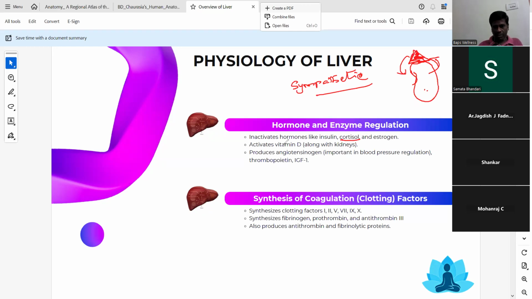So insulin, glucagon, cortisols, all those things. That is, both the sympathetic as well as parasympathetic of the autonomic nervous system are influenced by the liver.